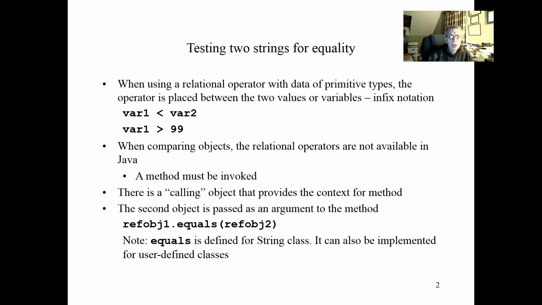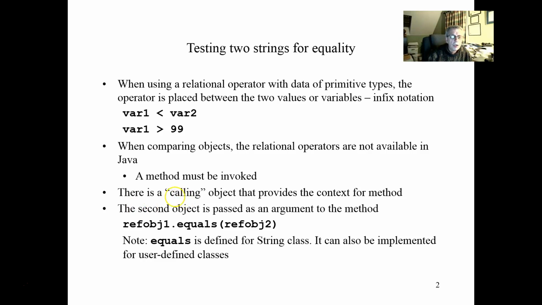So how do we bring in the second object that is involved in the comparison? Well, we do that by using the second object as an argument to this method that we're invoking. So reference object 1 would be the reference variable to the first object. Reference object 2 would be a reference variable to the second object.